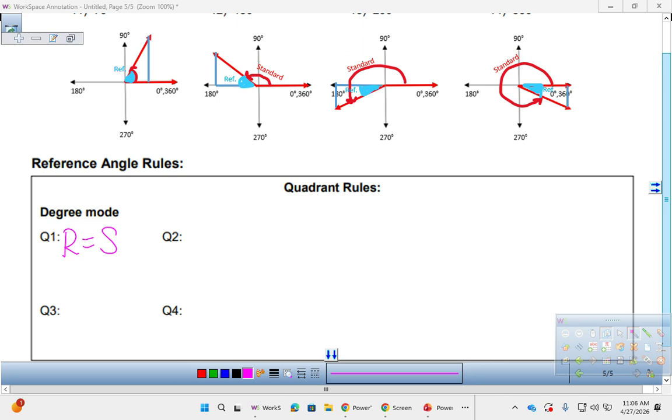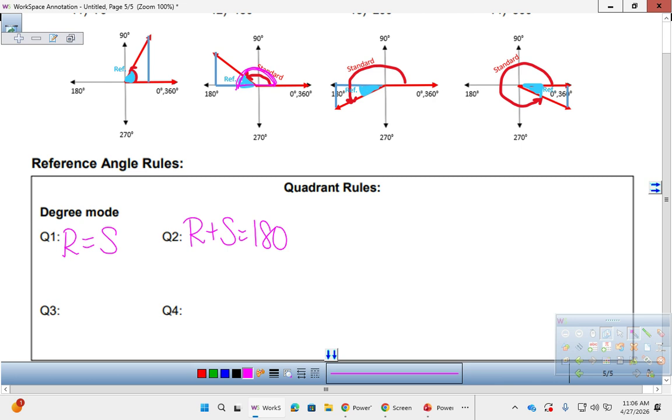In quadrant 2, the red angle, which is my standard, plus the blue angle, which is my reference, together those two angles created a half circle. So if I were to connect my red and my blue all the way through, you'd be looking at a semicircle. So together they create an 180-degree angle. We okay with that?